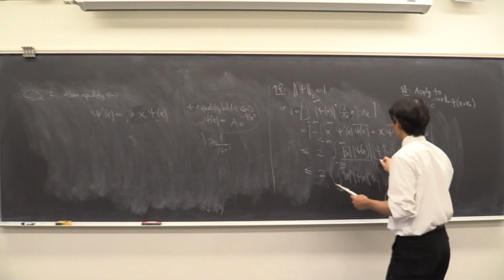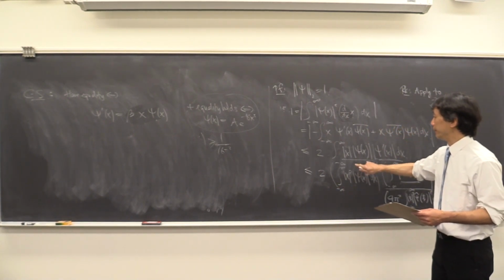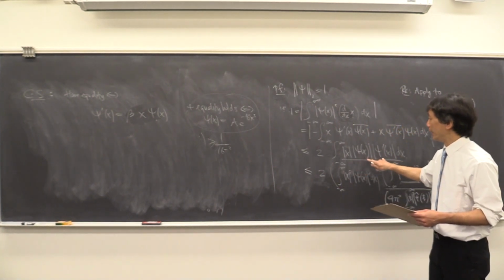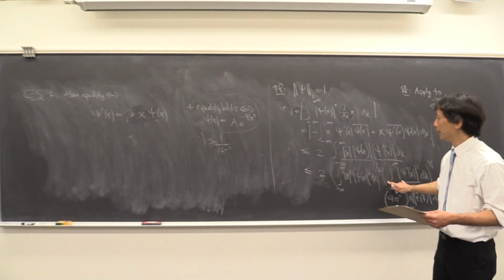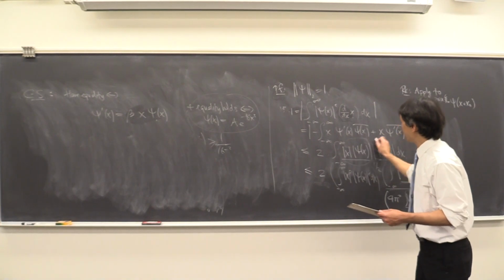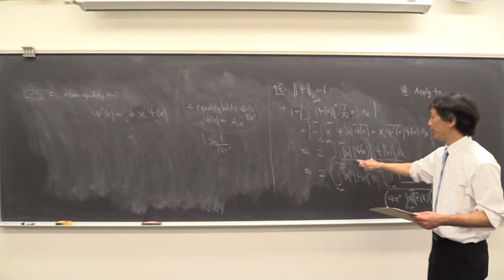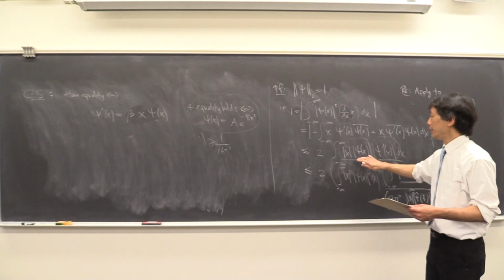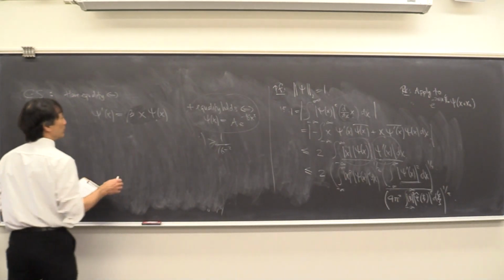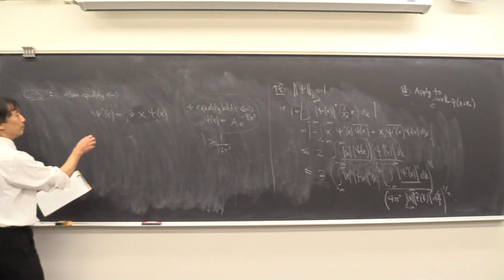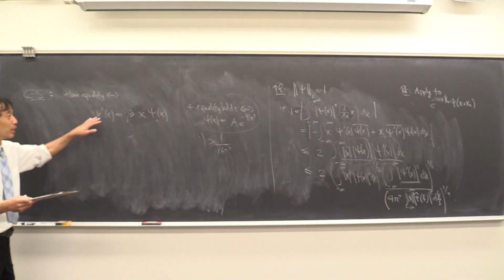We've got this function and this function. The L1 norm of the product is controlled by the product of the L2 norms, right? And Cauchy-Schwartz says that for this to be an equality, one must be a multiple of the other. But that immediately gives you that it must be a Gaussian, right?